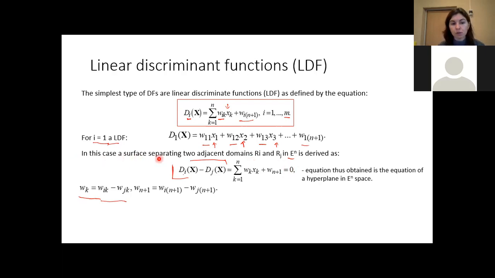And in this case, the surface separating adjacent domains i and j may be derived as follows. It will be some line with coefficients, and here the coefficients will be the subtraction of the coefficients of the i class and the j class.